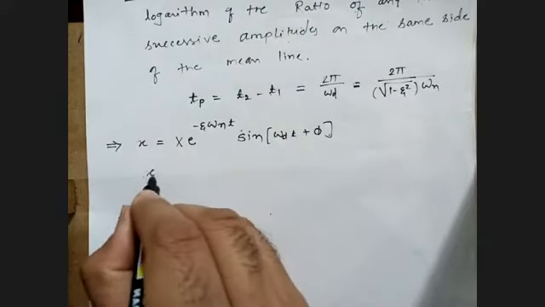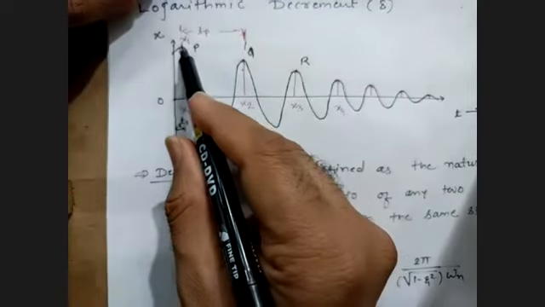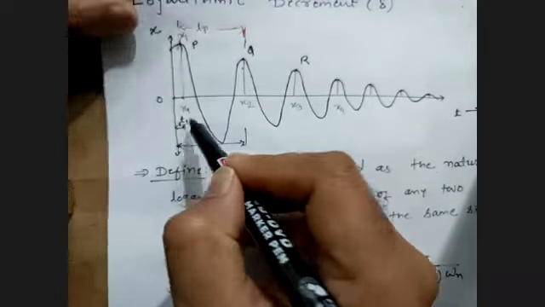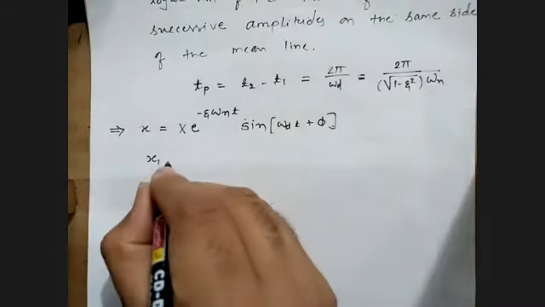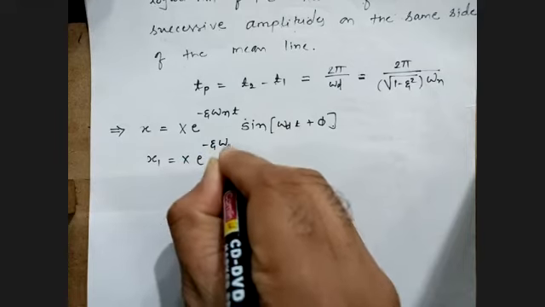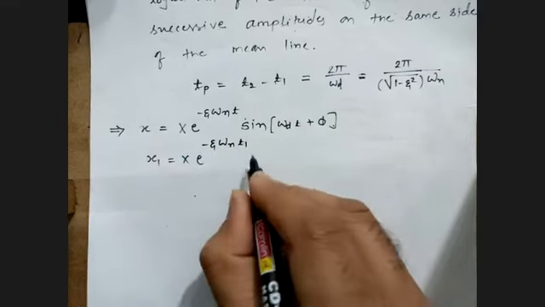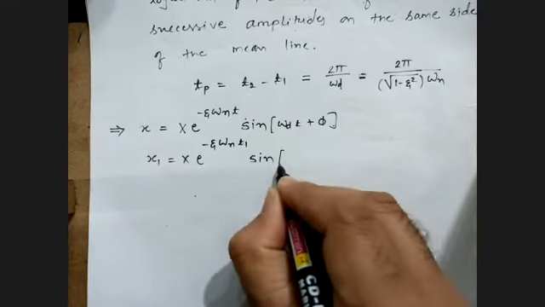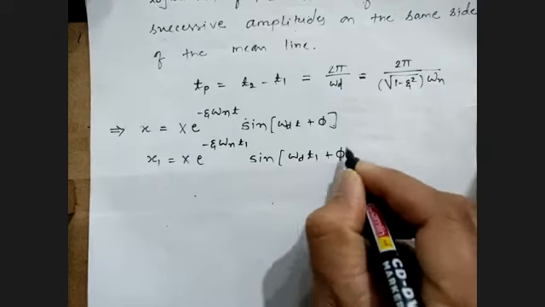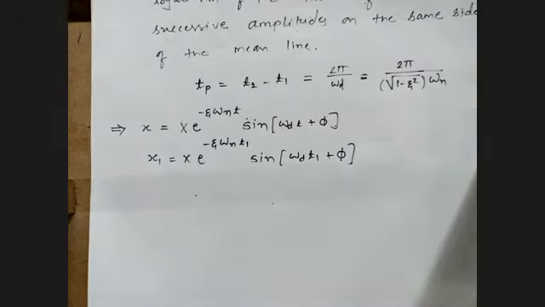If I'm writing x1, it means at this position of point P the displacement is x1 and time is t1. So I'm just replacing that term here. This x is e raised to minus zeta omega n t1 sine of omega d t1 plus phi. So this is what we call x1.